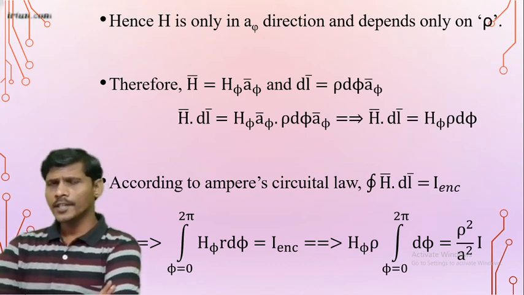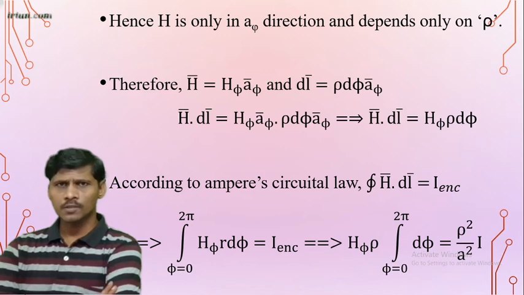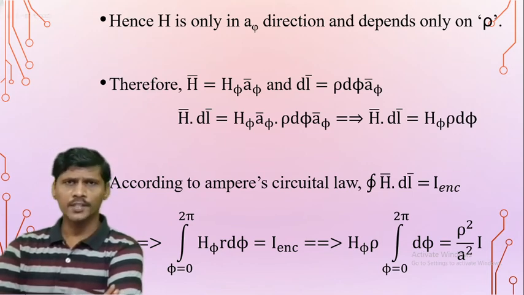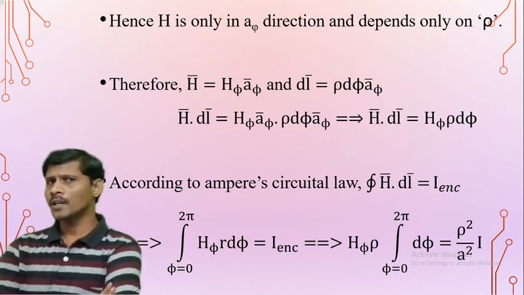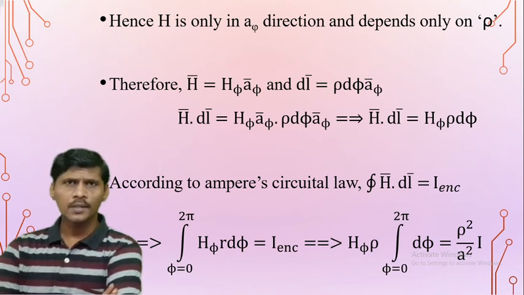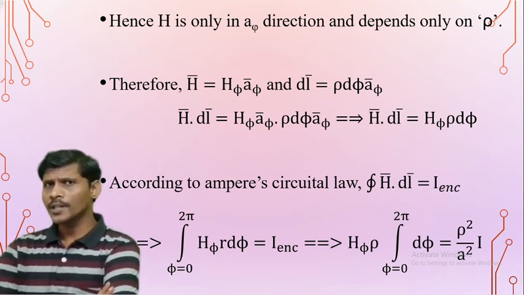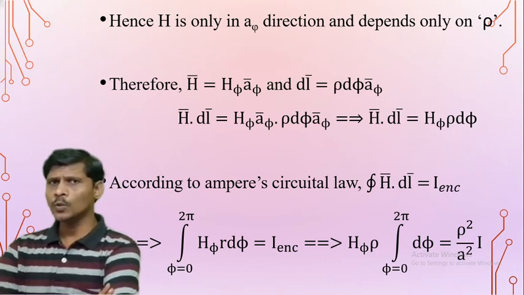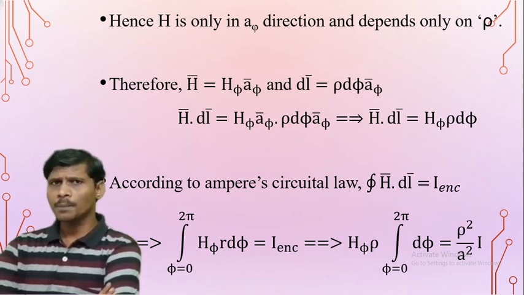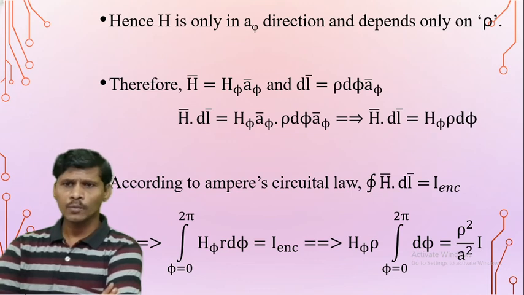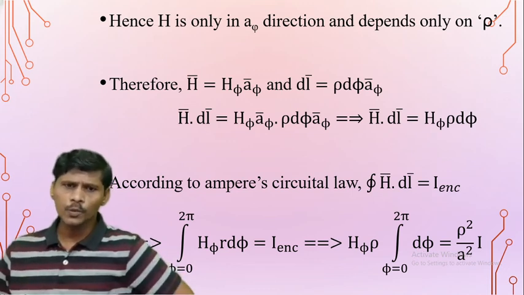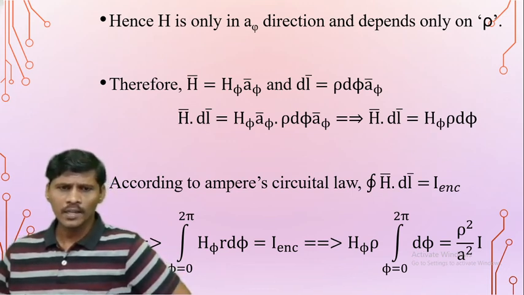The integral of 1 d phi is phi over 0 to 2 pi. Substituting the upper and lower values of phi, we get H phi rho into 2 pi minus 0 equal to the enclosed current. The enclosed current is rho squared by a squared into I.